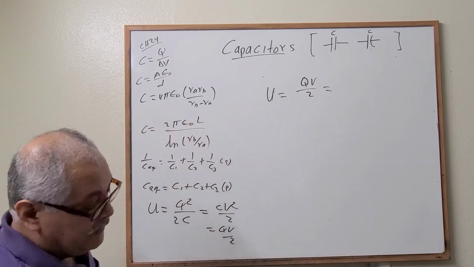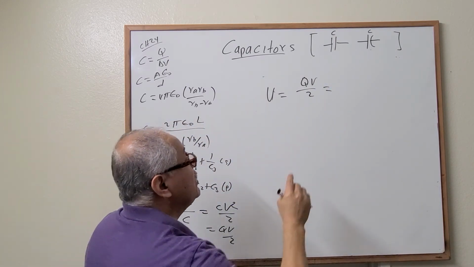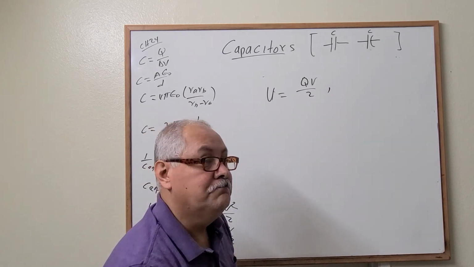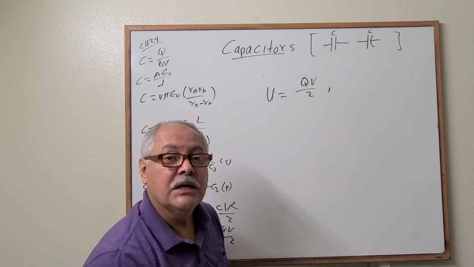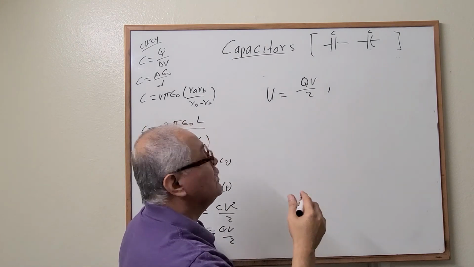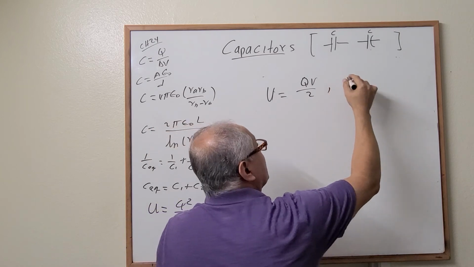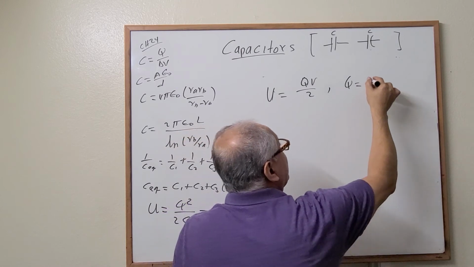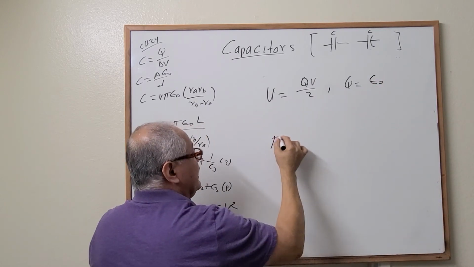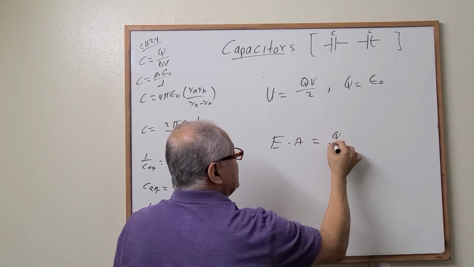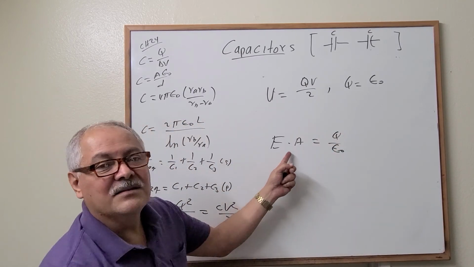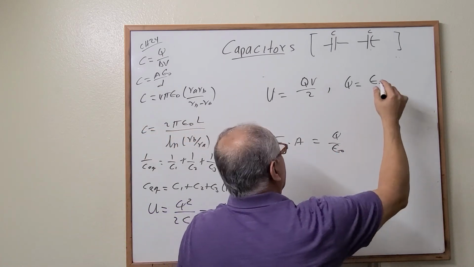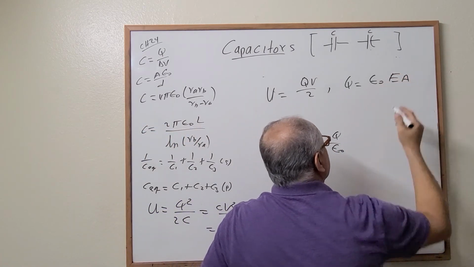Now let's use the charge from Gauss's law. Remember, for capacitors, the electric field times the area is equal to the total charge divided by epsilon naught. This is Gauss's law. Now let's solve for the charge. So the charge equals epsilon naught times the electric field times the area.